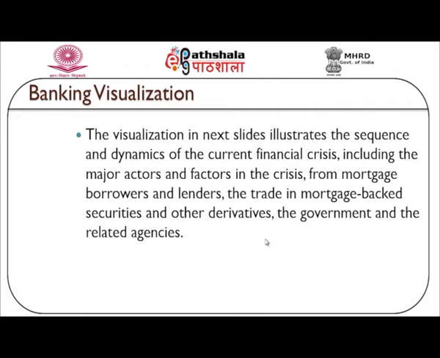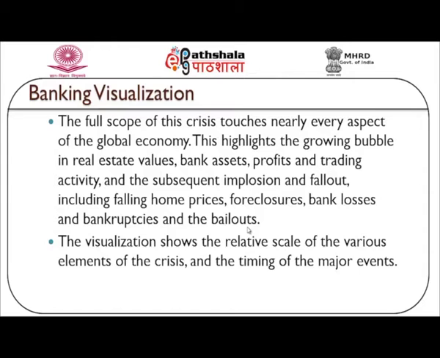Then in some cases we need to visualize the sequence and dynamics of the financial crisis. So in the next slide we try to illustrate the sequence and dynamics of the current financial crisis, including the major actors and factors in the crisis, from mortgage borrowers and lenders, the trade in mortgage backed securities and other derivatives, the government and the related agencies. The full scope of this crisis touches nearly every aspect of the global economy, as we know.